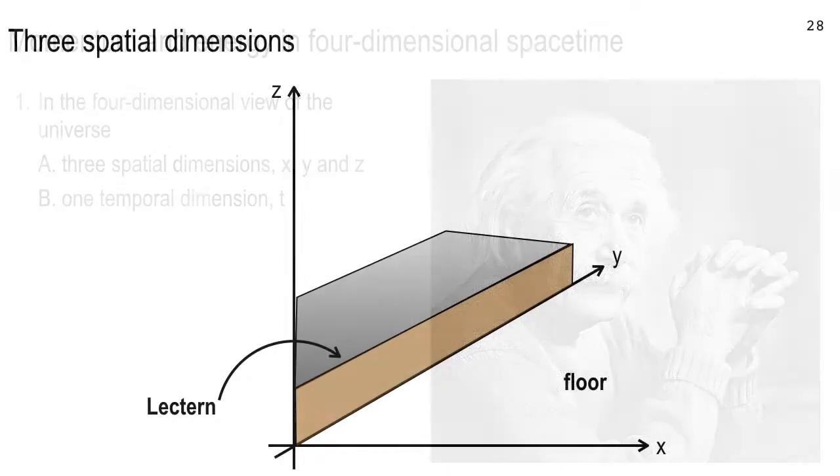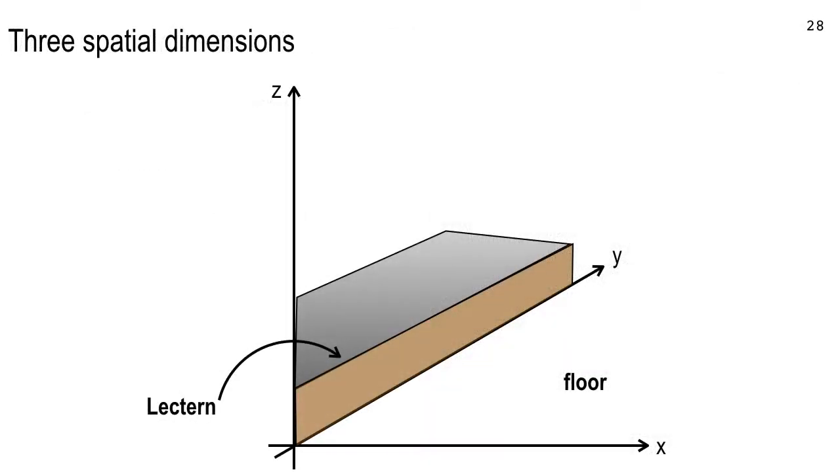Now here's the three spatial dimensions, in a kind of perspective view. The X, Y, and Z axes are mutually perpendicular. If the lectern is up in the front of the lecture hall, the Z axis goes straight up, from floor to ceiling. The Y axis goes from left to right across the front. And the x-axis goes from the front of the classroom to the back.